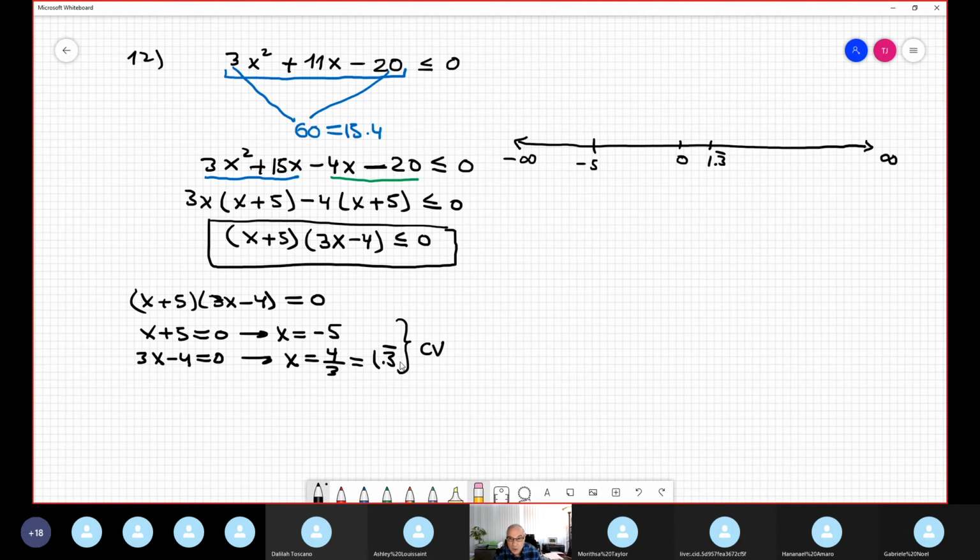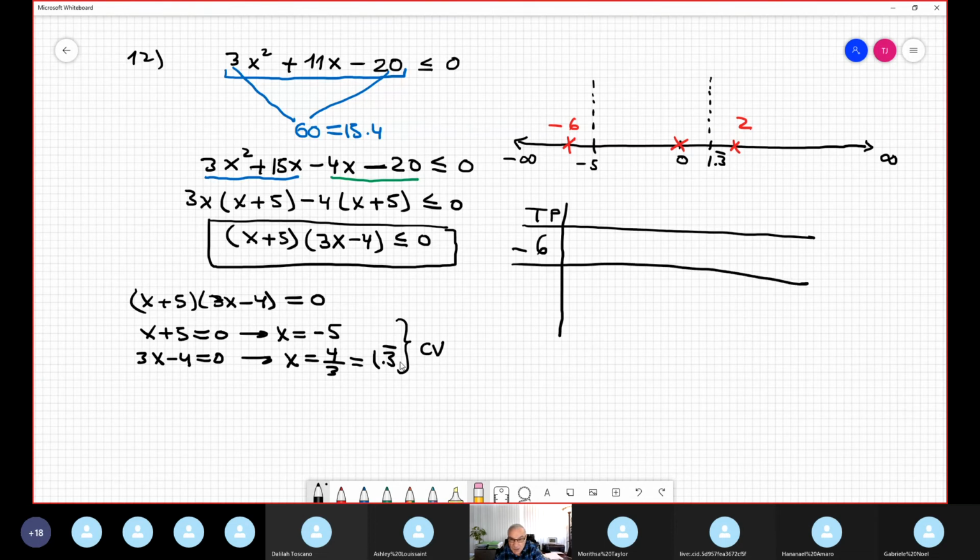Partition and partition. And you select testing points. For example, -6 in this interval, 0 is easy in this interval, and 2 or 3 or 4 or 5 in this interval. I create my table. Testing point: -6, 0, and 2.